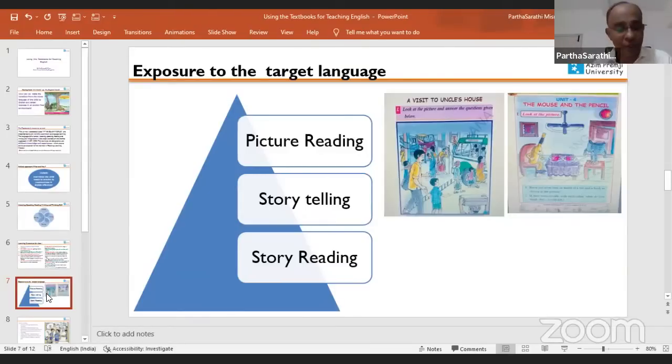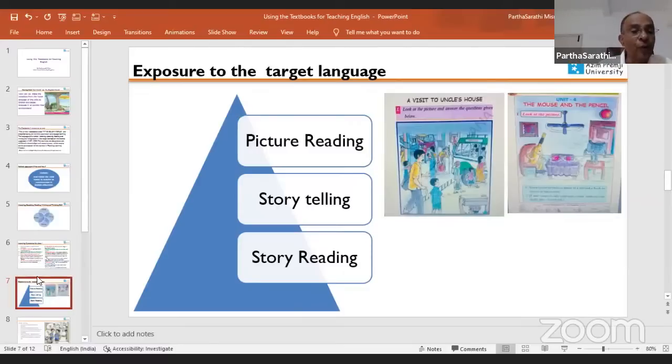They answer in the examination, they write those answers, give marks, and even after getting 90 out of 100, children are unable to read simple sentences, unable to write simple sentences, unable to communicate in English. And therefore, I would like to refer to only 3 aspects. One is picture reading, storytelling, and story reading.